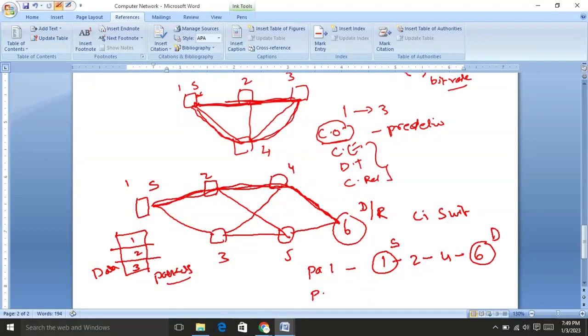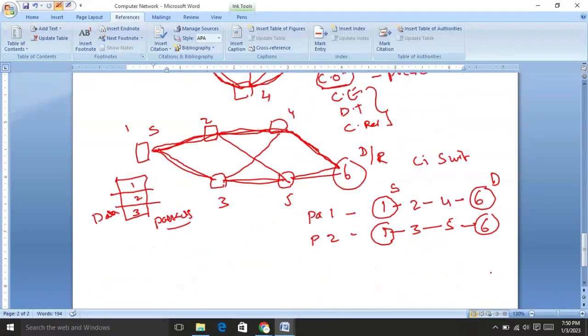Coming to the second packet, packet 2 does not follow the same path. Packet 2 follows 1, 3, 5, 6: from source to the third node, to the fifth node, and from the fifth node to the destination.